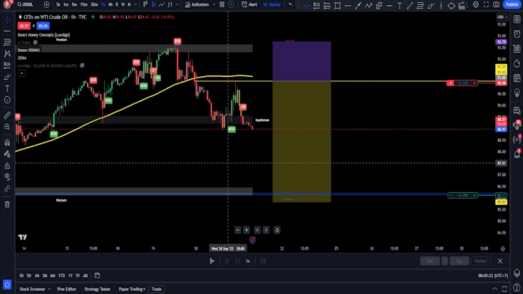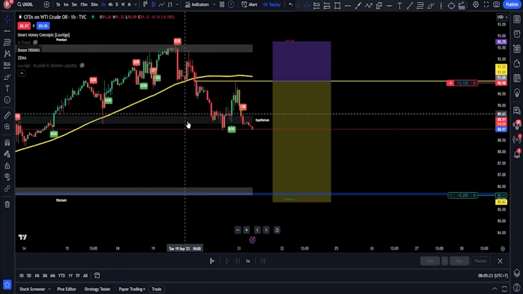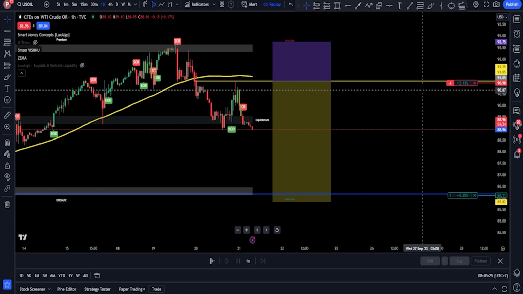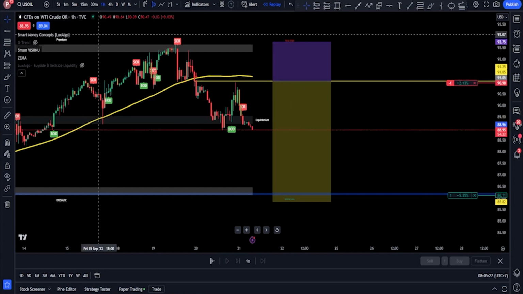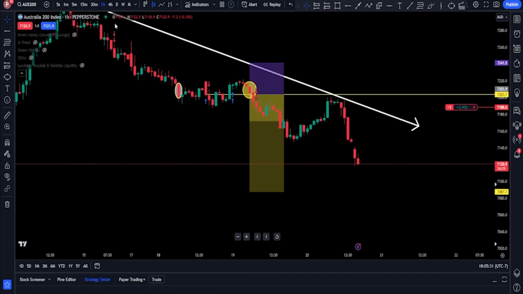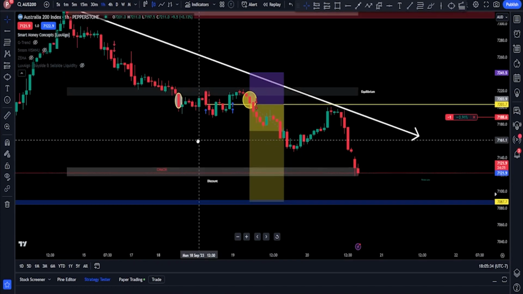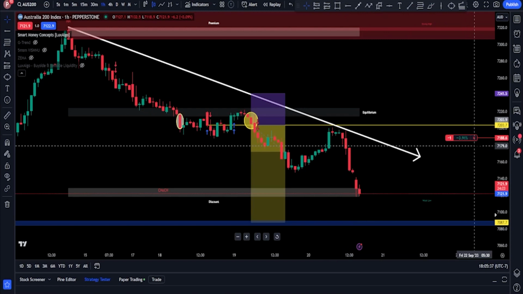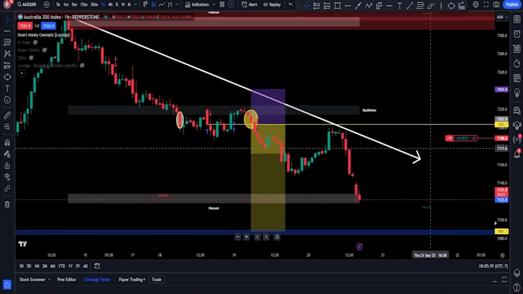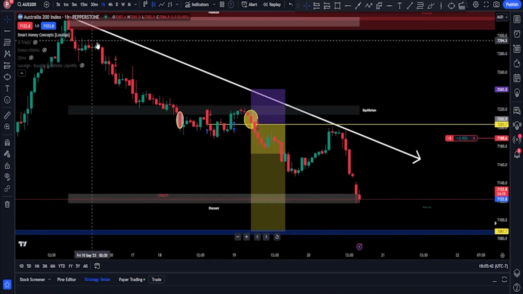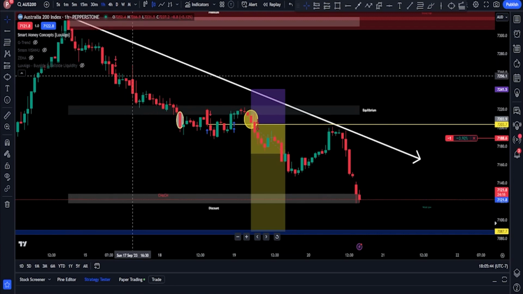So again, I use this same strategy across all assets. As you can see, right now I'm crushing it on oil. Again, Smart Money Concepts: we look for what zone we're in. Now listen, here's an instance where price is trading. As you can see, this is the trend. We're in a downtrend.